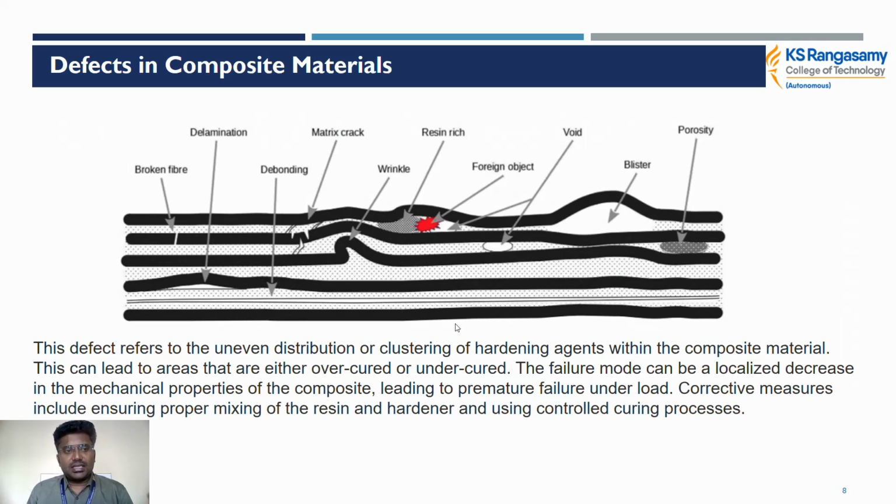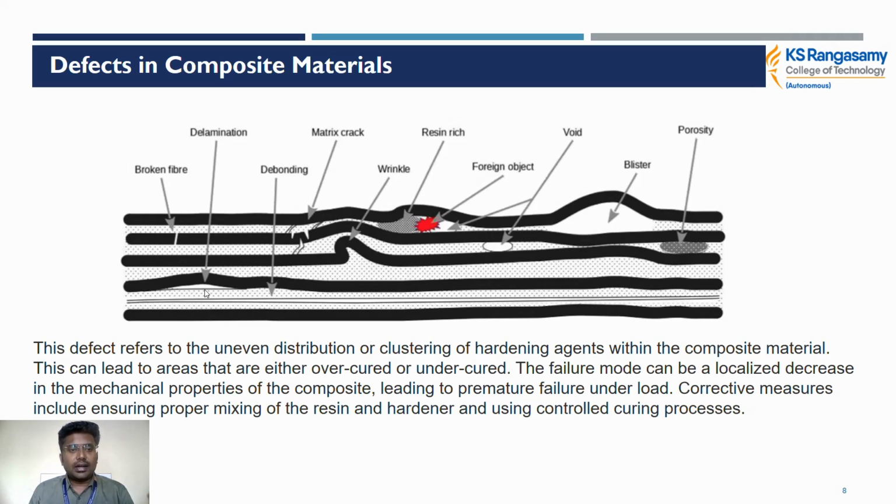Next, what are the major defects in the composite material? We have various types of defects. The first one is broken fiber; the fiber may be damaged. Next is delamination, which is no good bonding between the resin and the fiber.